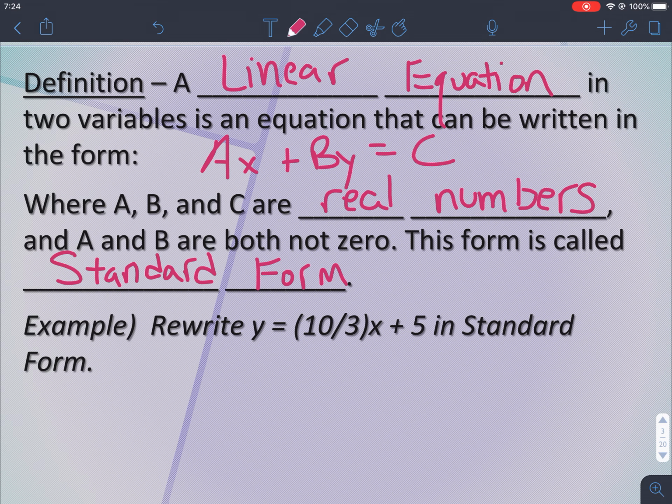Compare that with something like slope-intercept form, in which you would have y equals mx plus b. All right, each of those are linear equations. It's just that we have a certain form, standard form. So rewrite something that's in slope-intercept form and change it to standard form.